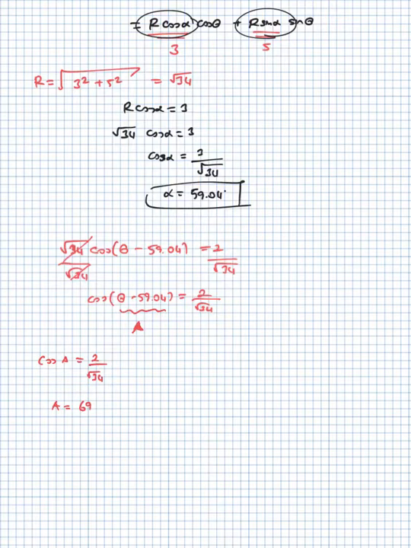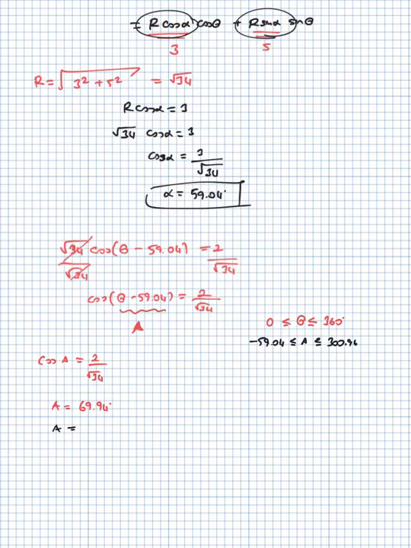It will be 69.94 degrees if you use your calculator. And when you look at this, the domain of theta was from 0 to 360 degrees. So which means the A values, if I subtract 59.04 from that, range from minus 59.04 to 300.96. So the angle 69.94 is fine.